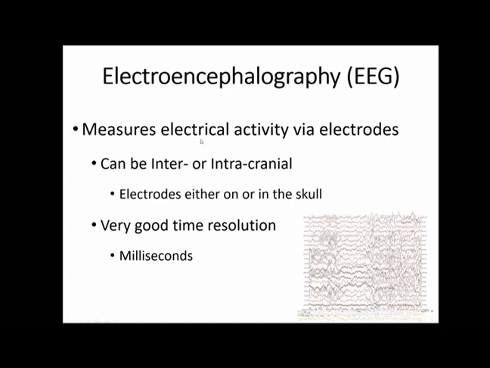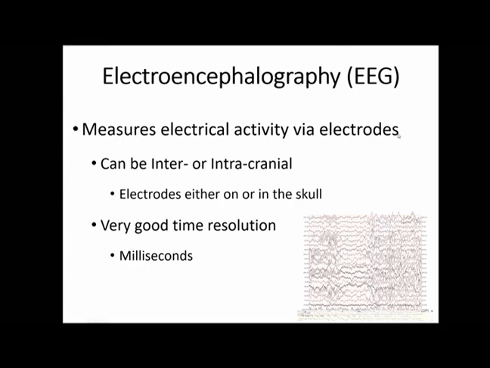So for an EEG, you're measuring electrical activity using electrodes on the scalp. Maybe you've seen within the department, there's a couple of people who do EEG work, and it looks like kind of a shower cap with a bunch of white circles and wires coming off of them. Each of those white circles is an electrode.